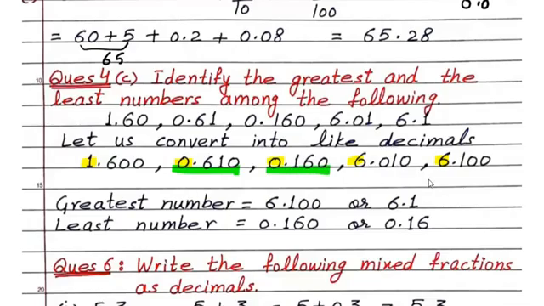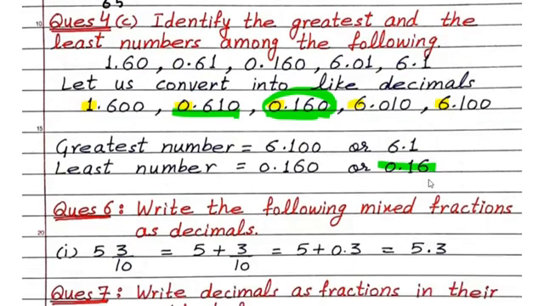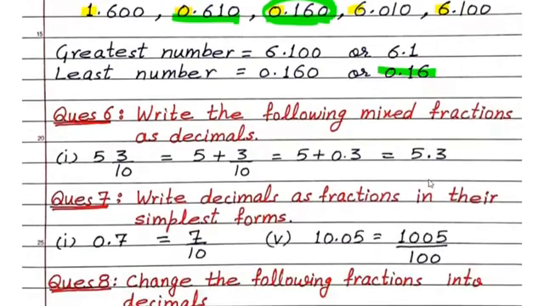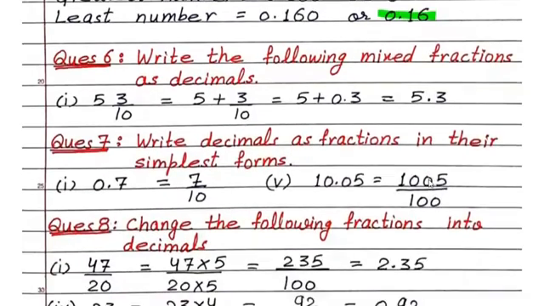Now, out of these two children, you can see very clearly that 0.160 is the smallest number. So you can write this as 0.16. Clear?